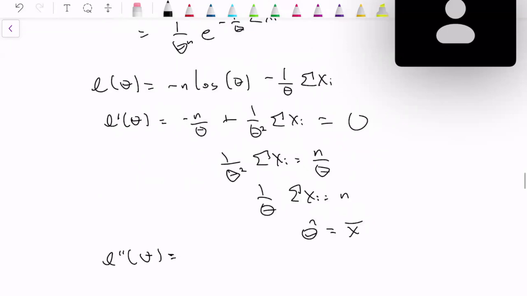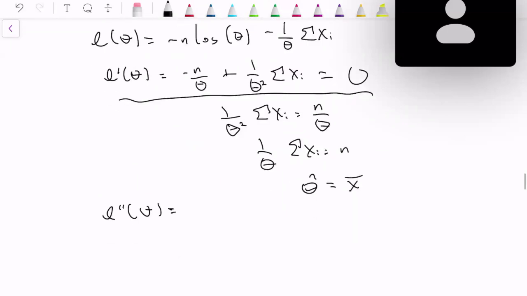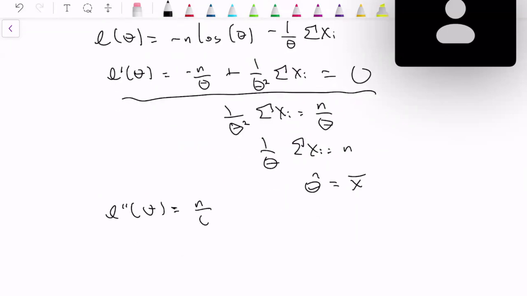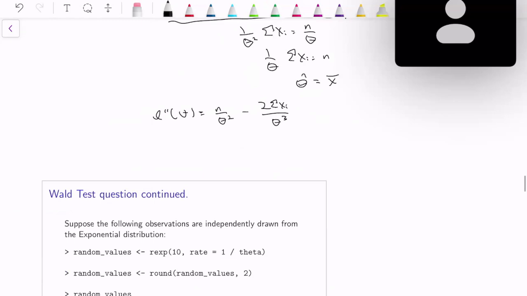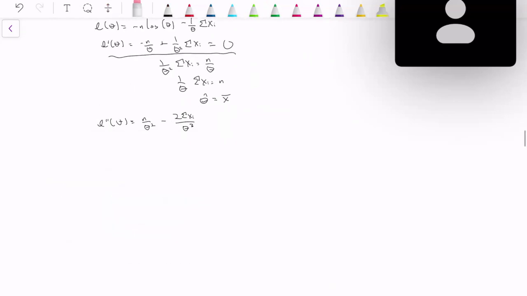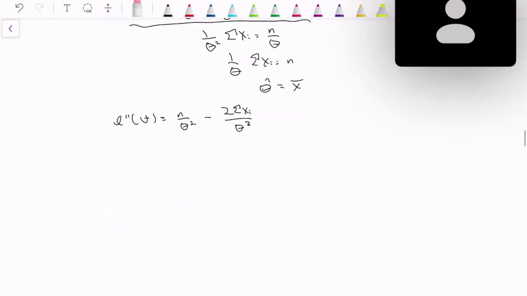Taking the second derivative of this here, this will be n over theta squared minus, hopefully no mistake this time, 2 sum x_i over theta cubed. Now that we got that, we can get our standard error.